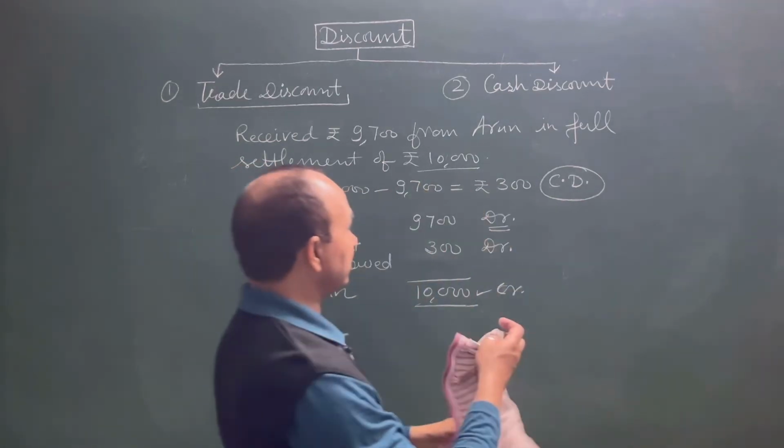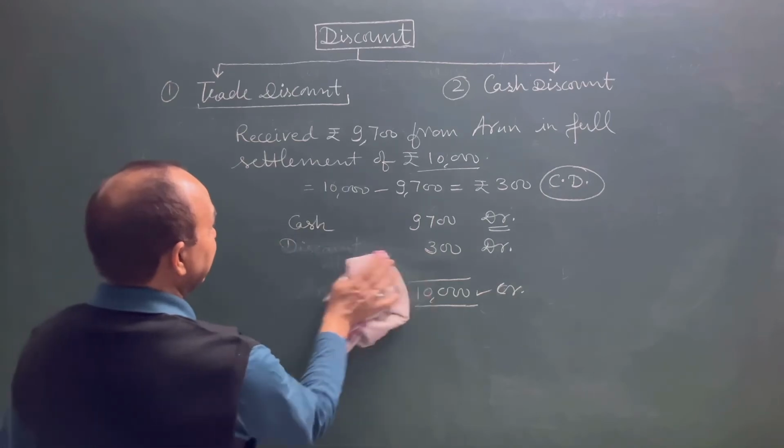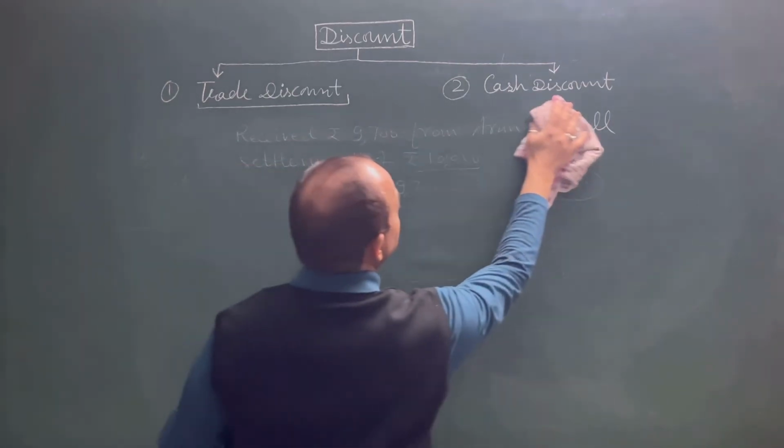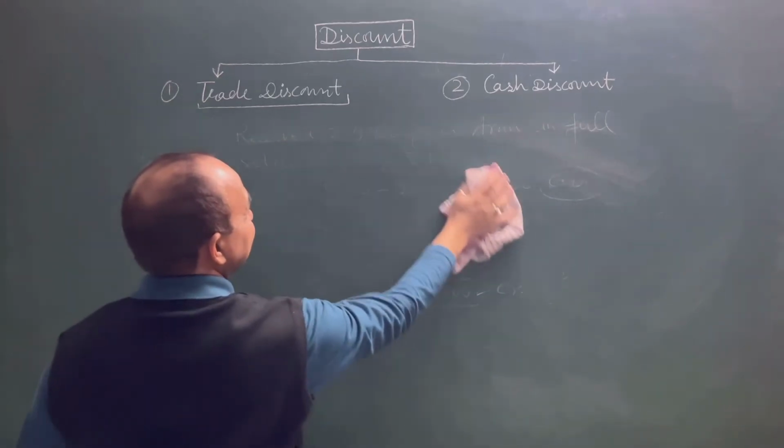But it is not the case that we always incur loss. Sometimes we also get gain or profit whenever we make less payment to our creditors. I am taking one more example.